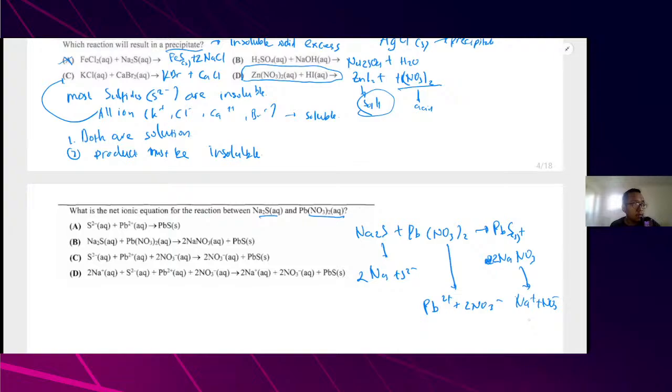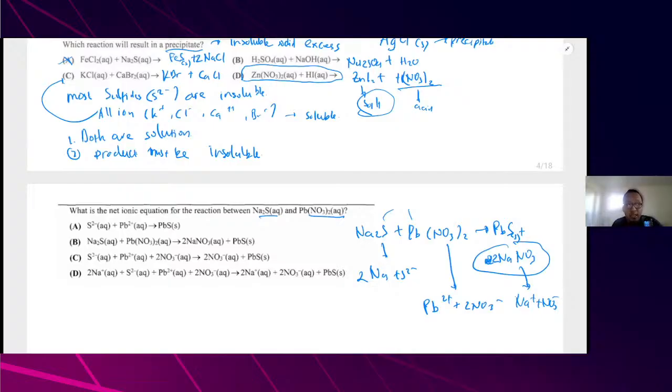Those are still aqueous. Net ionic means we cancel out the spectator ions, those that don't participate in the chemical change. So what actually reacts here is just S2 minus and Pb2 plus, forming PbS, while the others stay aqueous with no change.